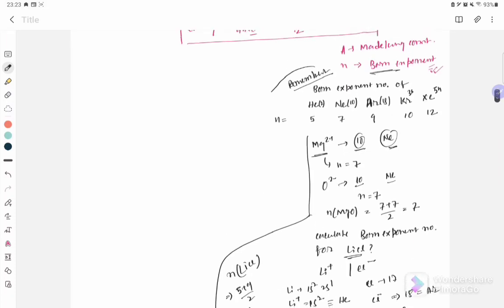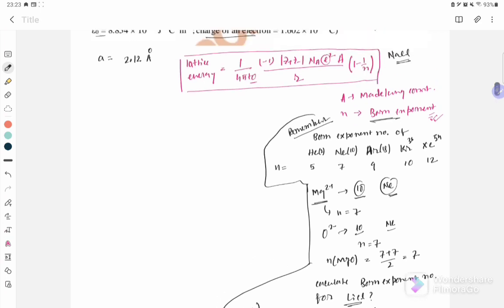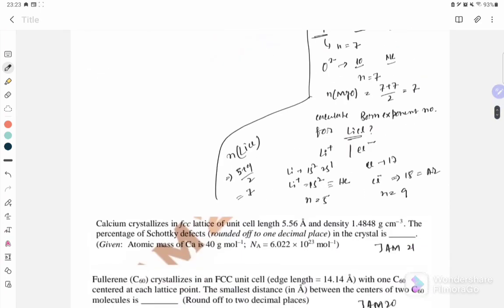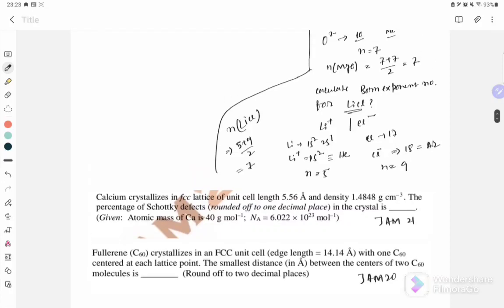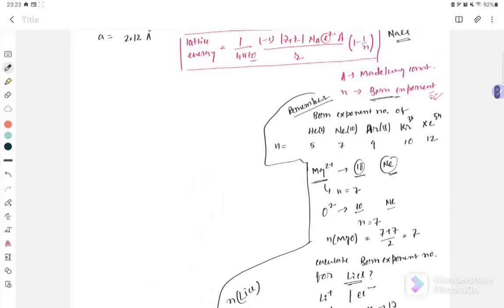So we learned how to calculate the Born exponent number. This is important. Now we have everything, so we just have to put everything in this equation.